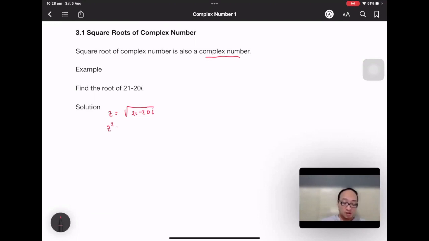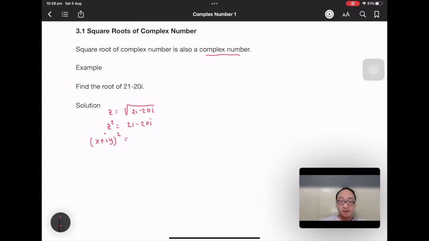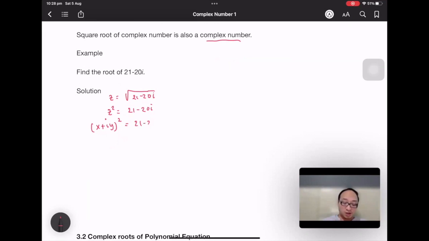So z squared equals 21 minus 20i. So I can just have z equals x plus iy, so (x plus iy) squared equals 21 minus 20i.